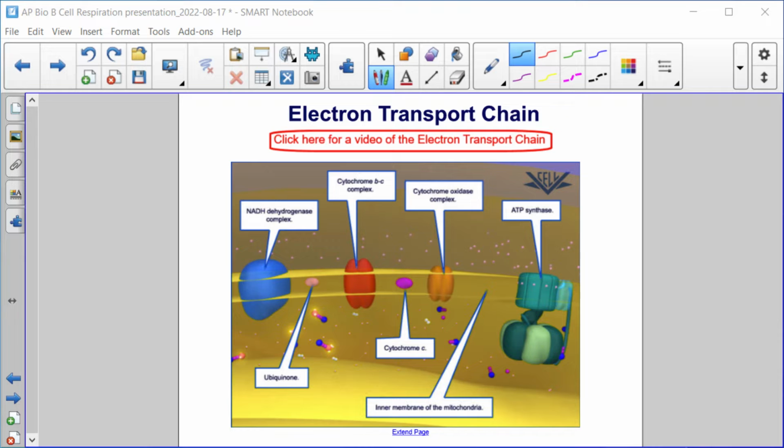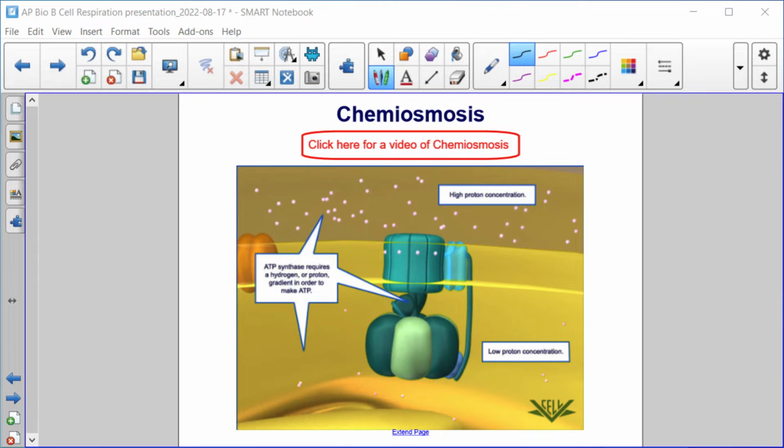In biological systems, however, many electron transport cycles occur simultaneously, helping to ensure that the proton gradient is always maintained. There's also a video linked here that in detail covers the chemiosmosis process that occurs at the ATP synthase portion at the end of the electron transport chain.